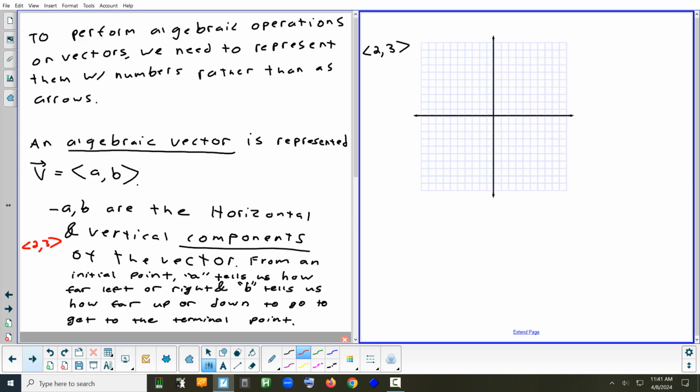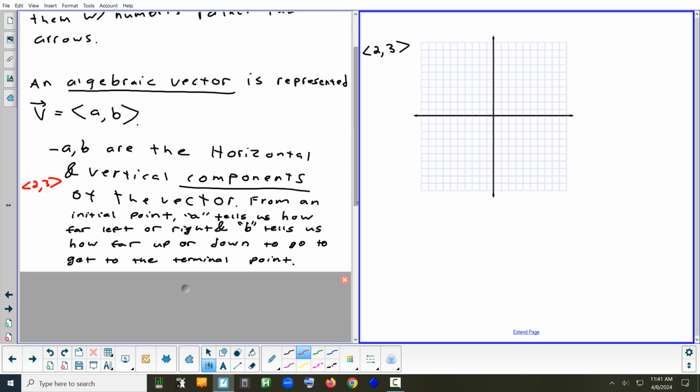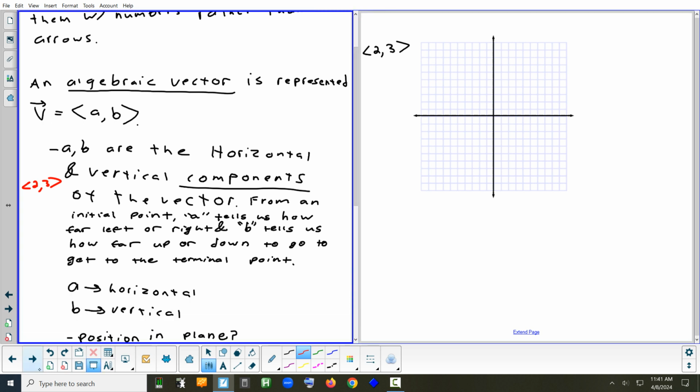2, 3. What did I say earlier about vectors that this notation or the notation when you draw it does not tell you? It doesn't tell you anything about position. Okay? It's nothing about the position.